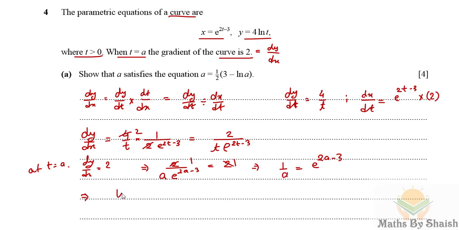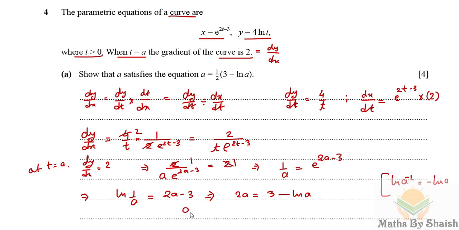So we will get ln 1 over a is equal to 2a minus 3, which means 2a is equal to 3 plus ln 1 over a, and ln 1 over a can be written as ln a raised to the power minus 1, which would be minus ln a.